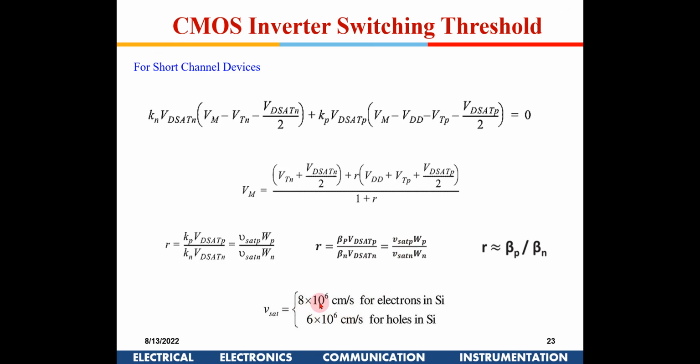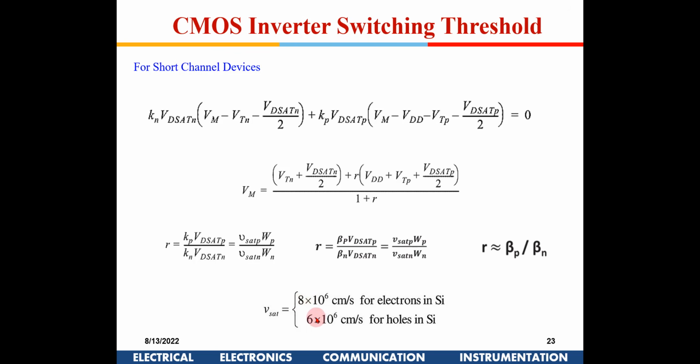Now Vsat of an electron is 8 into 10 to the power of 6, and Vsat of a hole is 6 into 10 to the power of 6. So for very, very short channel, like when I talk about 45 nanometer, 22 nanometer and all, there you will see that you don't have to keep PMOS twice the size of the nMOS.